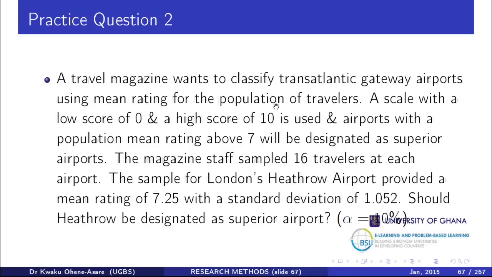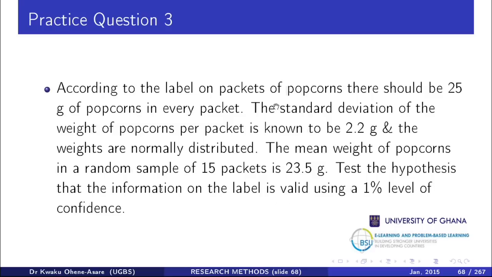Please enjoy doing it so that you can come here and show us how you did it. And then do that second one. And then the third one, well, I'm loading you because I want you to swim. Because when you swim, then you can now get an A. According to the label on packets of popcorns, there should be 25% of popcorns in every packet. So go and test this.